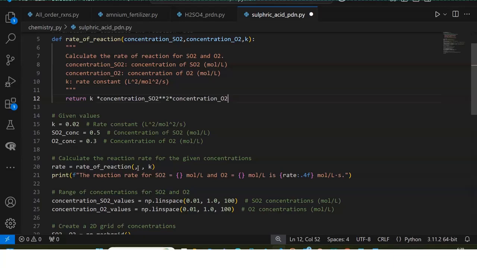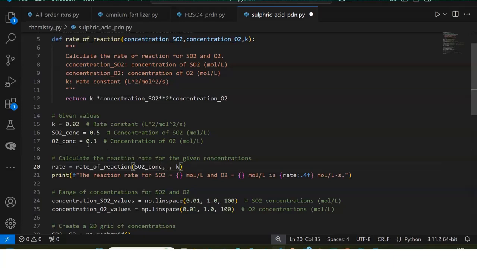So let's look at rate. Rate here is going to be, first of all, we have been given the concentration of sulfur dioxide. So let's take rate as a function that is receiving sulfur dioxide concentration as an input.